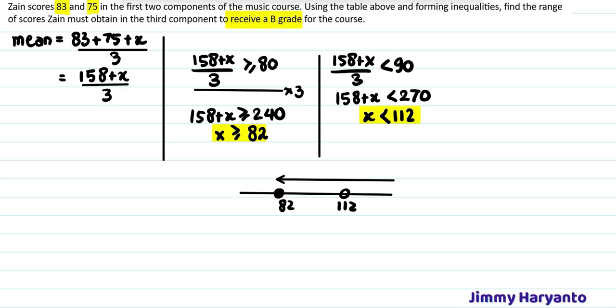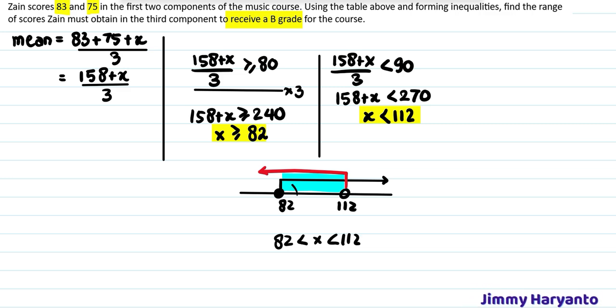Greater than means go to the right, and then this one is less than 112, that means go to the left. Okay, and then we can see the overlap area is this one, so the answer is 82 less than x less than 112. But since the 82 has a colored dot, that means we will give it an equal sign.